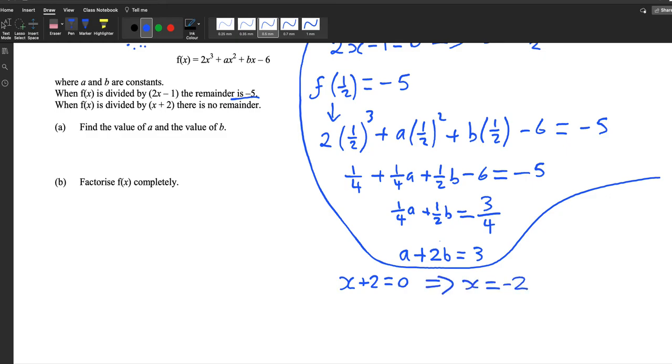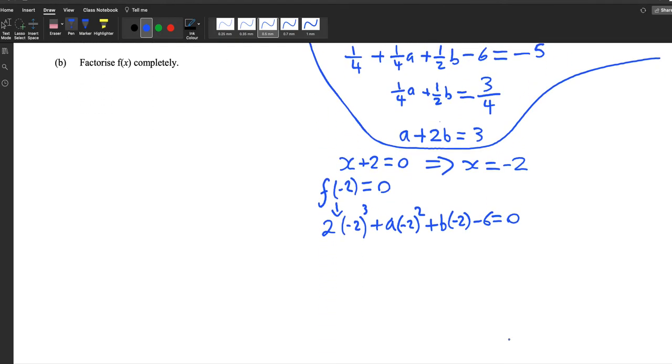So it's minus 2 that I'm substituting in, so f of minus 2 should give me 0. And I also know that f of minus 2 is going to be 2 lots of minus 2 cubed plus a lots of minus 2 squared plus b lots of minus 2 minus 6, and that should give me 0.